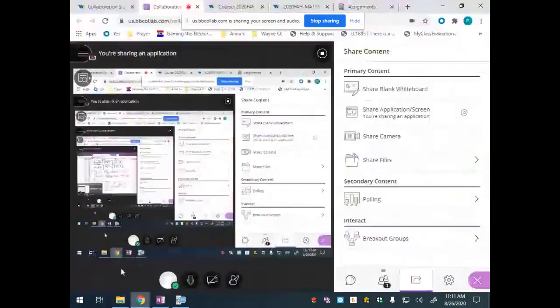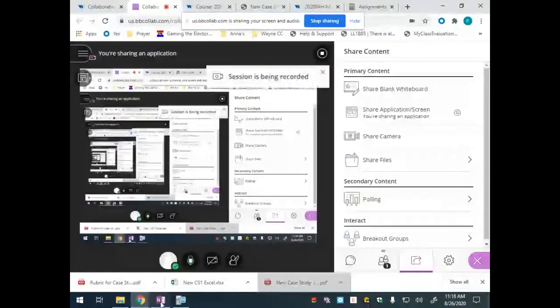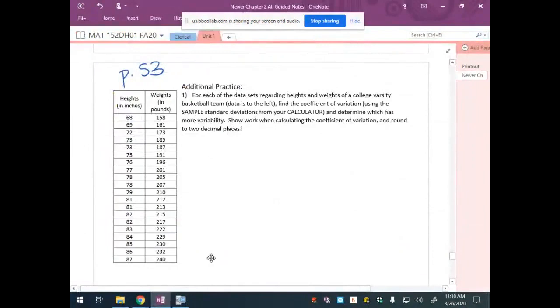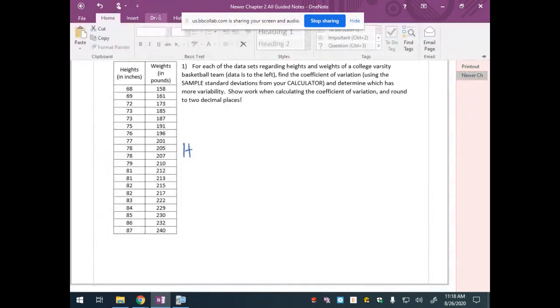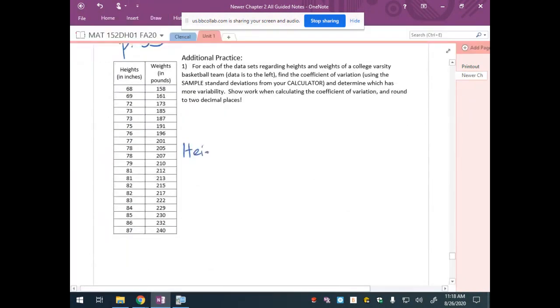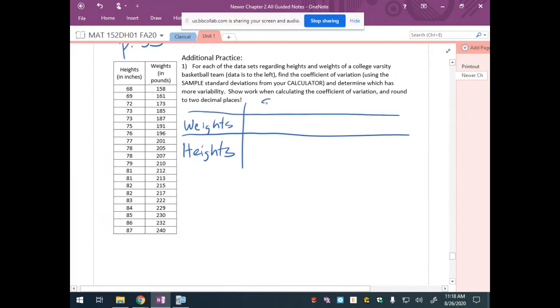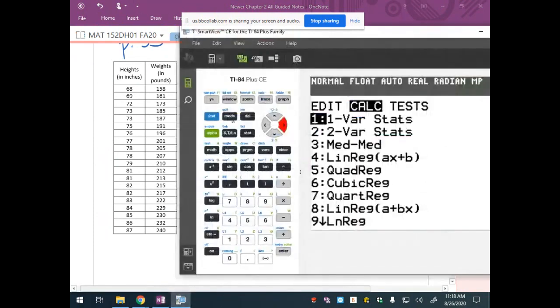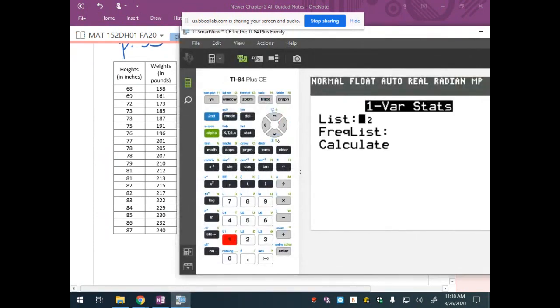Now, what I'm actually going to do here is do this for heights and weights. Now, are we using the sample or the population? We're still using sample. So let's go 1-Var Stats. I have L2 there.